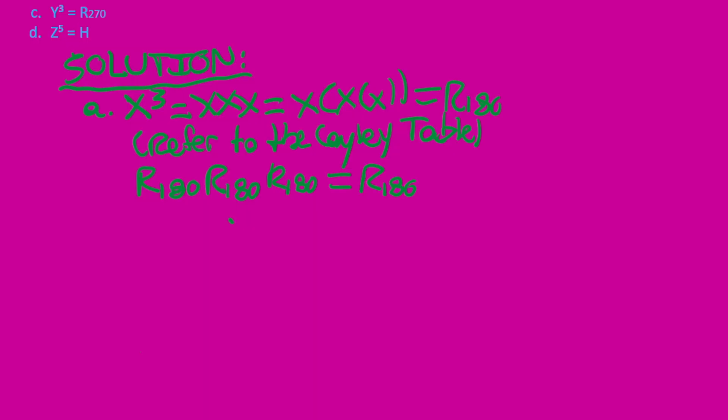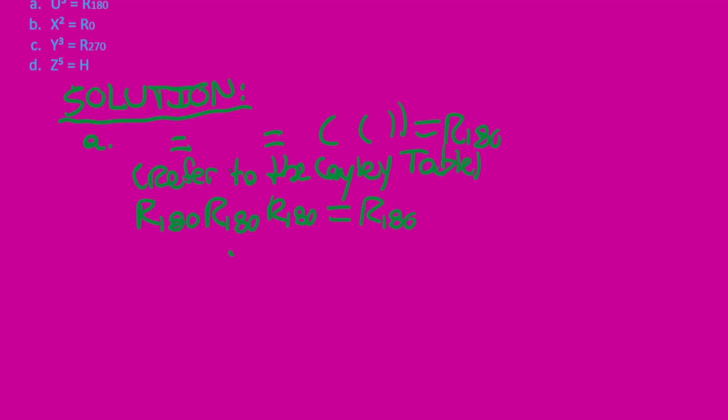I've been using the wrong symbol for this. This is going to be U. There we go. So U is a rotation of 180 degrees. That's the first element.